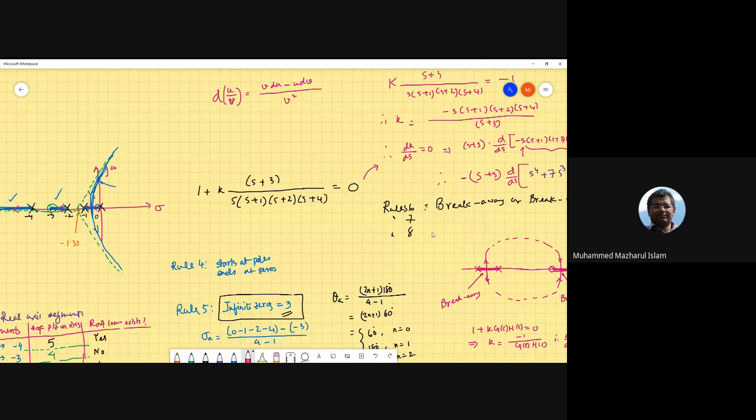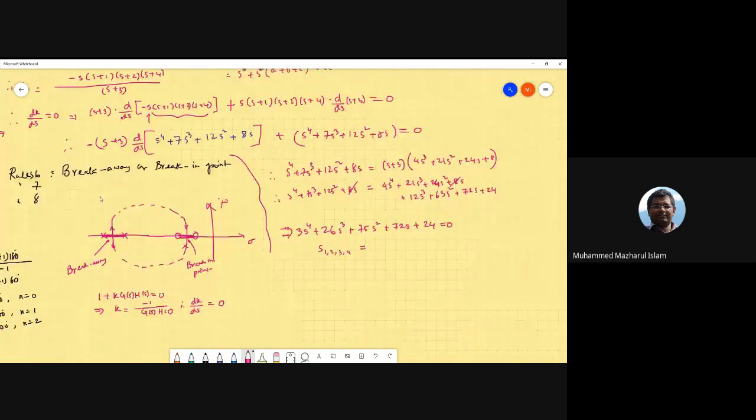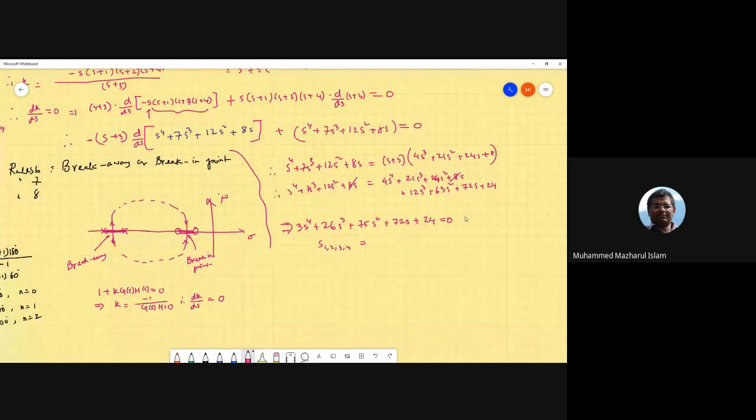So you should expect the solution of the dK/ds equals 0 equation to contain at least one real number which is between 0 and -1. So do the hand calculations after the class and just check whether we have made a mistake somewhere. Maybe there is a mistake somewhere.